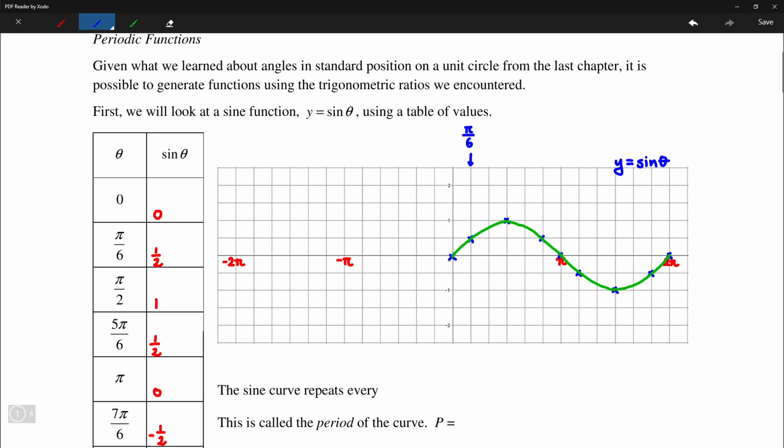Notice as well that if we were to move from negative 2 pi to 0, the same pattern would emerge since, for example, 0 and 2 pi are coterminal angles. Likewise, negative pi and pi are coterminal angles, and so forth. And then we can also draw that part of the graph.